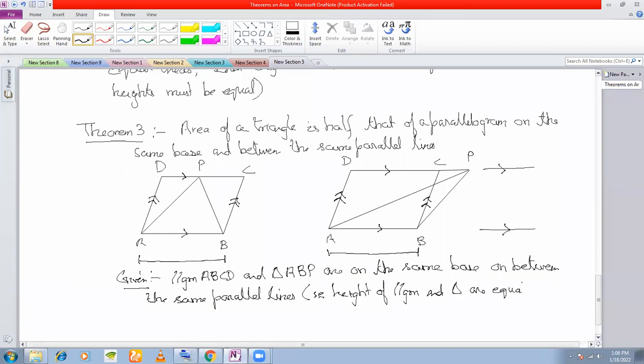Okay. Now, what is the height of this parallelogram? If you drop a perpendicular from here, this will become the height, right? And that is also the height of the triangle. Now, in the second figure, which one is the height?